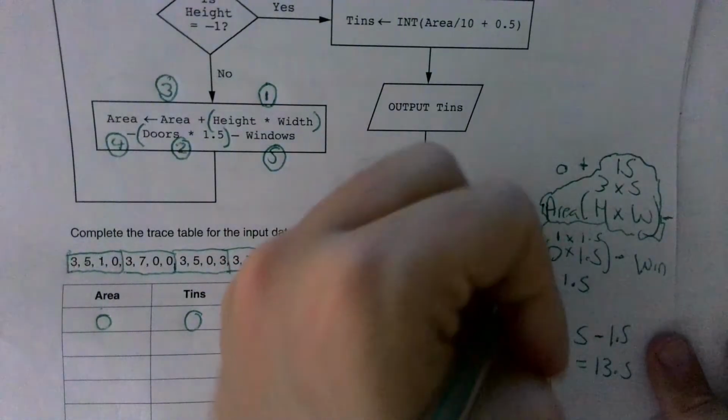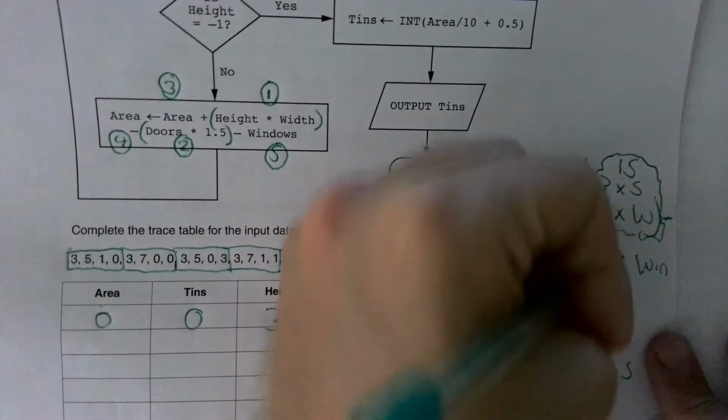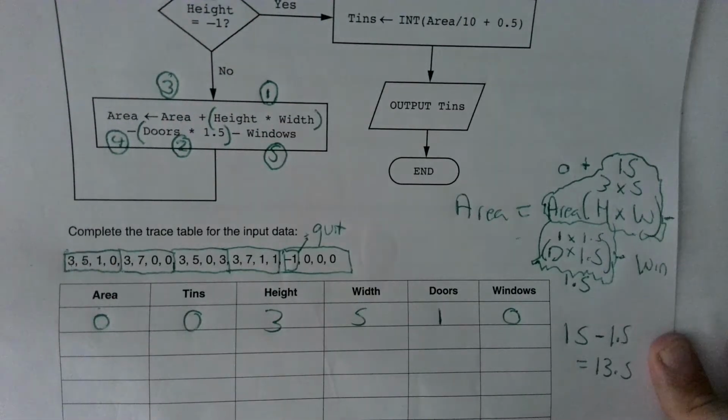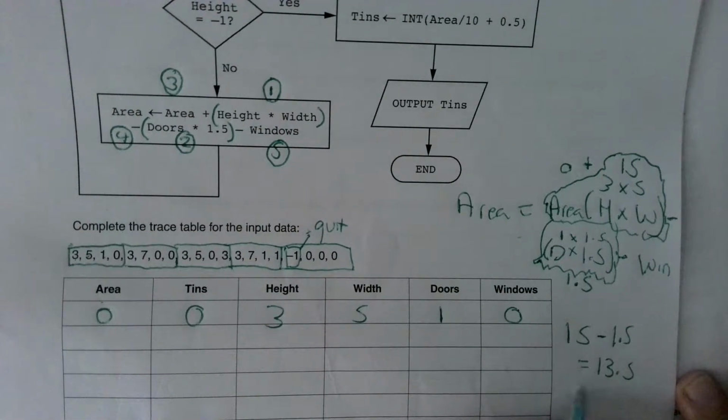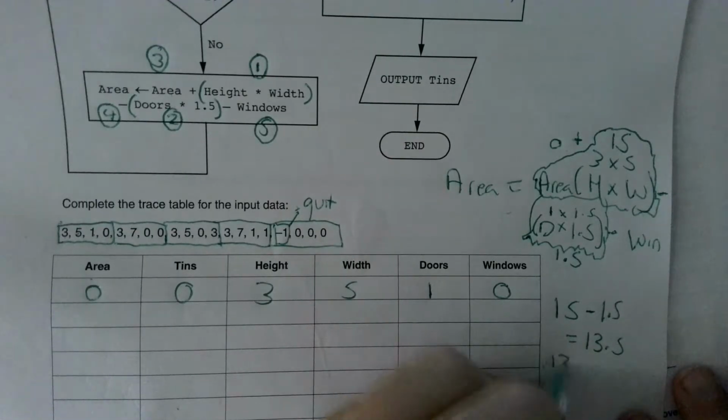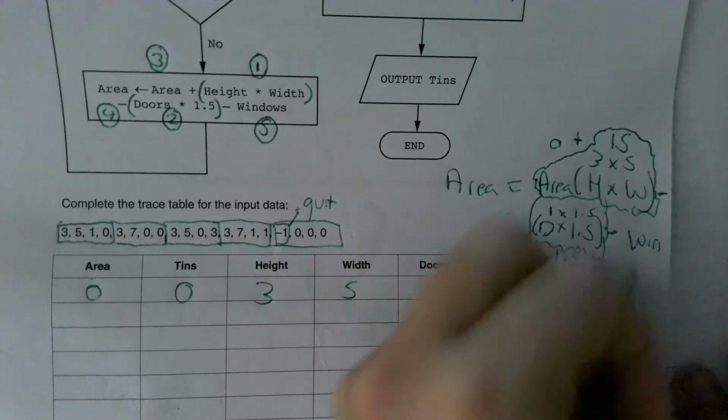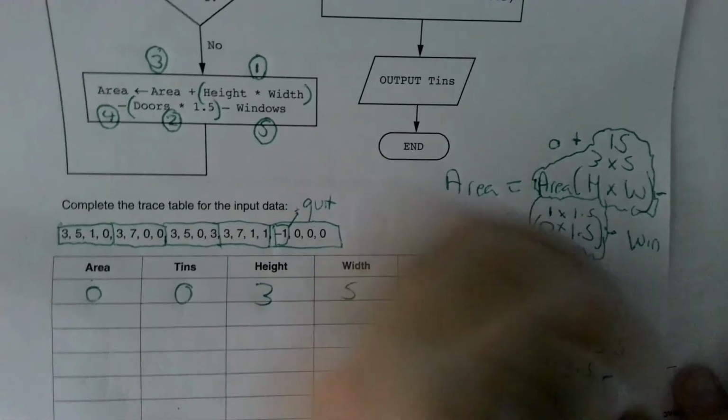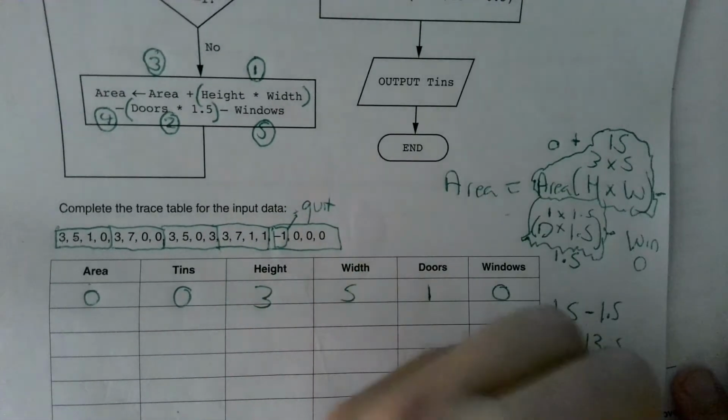We then need to get 13.5 and take away whatever the value of windows is. Windows is 0, so 13.5 take away 0 equals still 13.5. So that is the area of this.